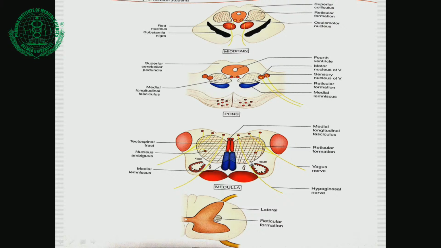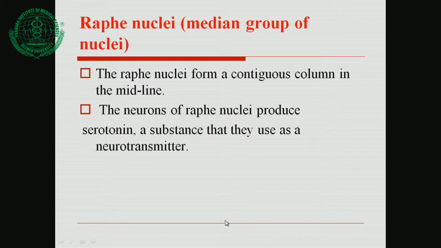A large amount of reticular formation is present in the medulla, and a small amount in the spinal cord. These are the various levels of reticular formation in the brainstem and the spinal cord. Raphe nuclei, one by one, each nucleus we will discuss.